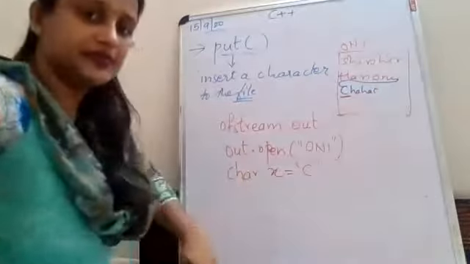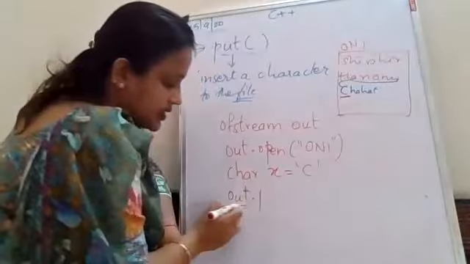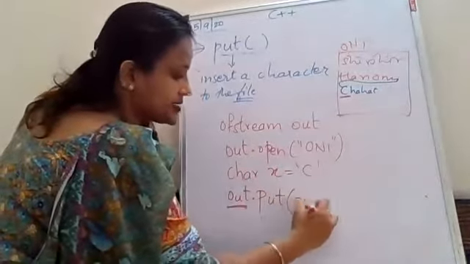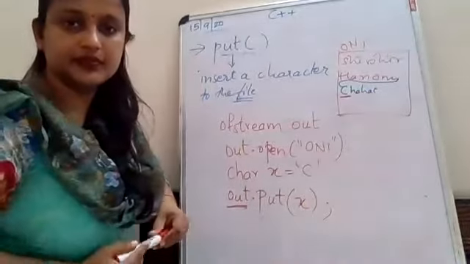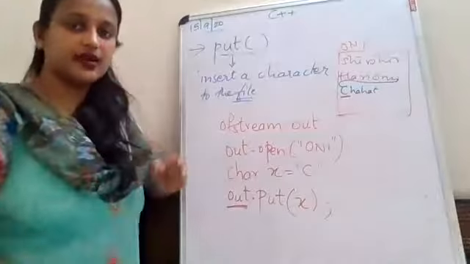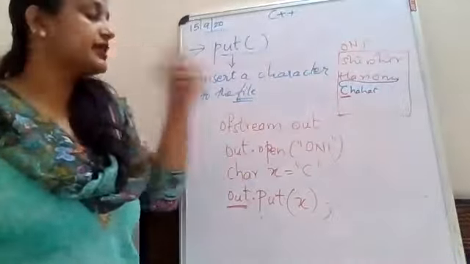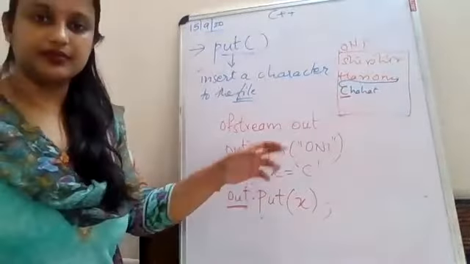And then out is an object, out.put(x). What is x? c. So the first alphabet is written into that particular file.